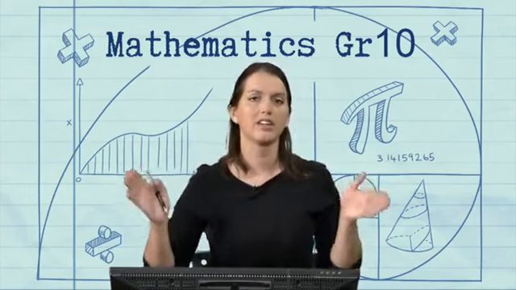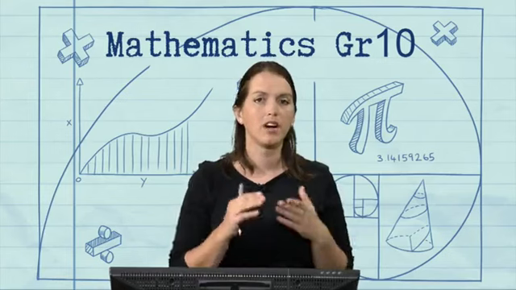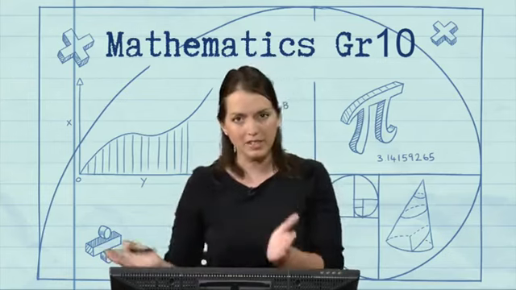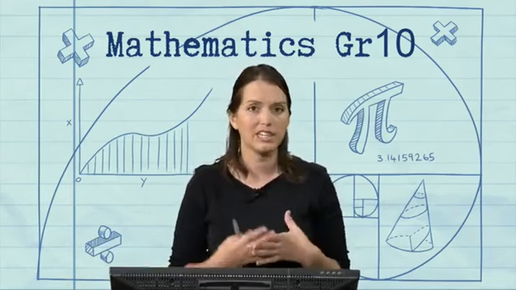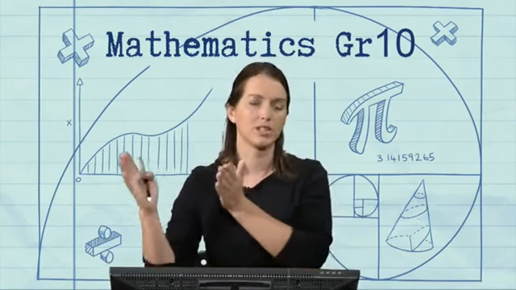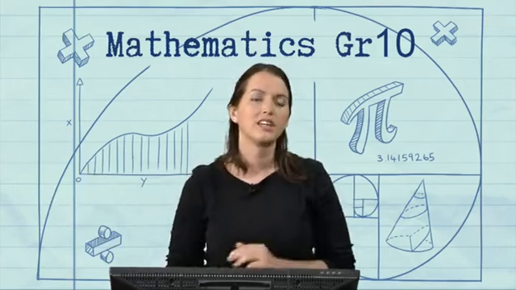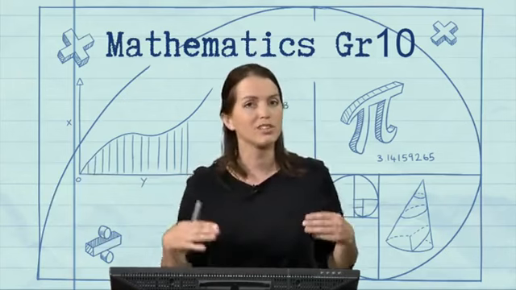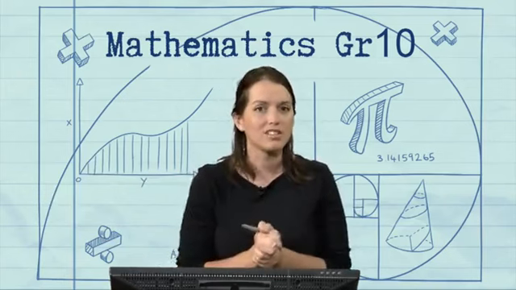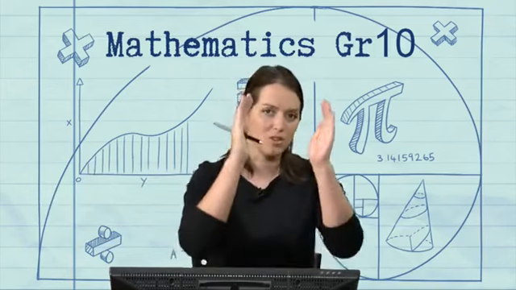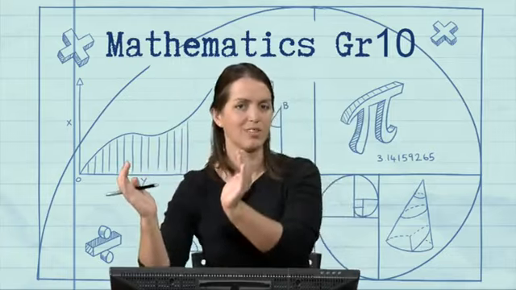Make everything equal 0. After that, we're then going to factorize all of those terms until we eventually get to a point where everything is being multiplied by something else. And the reason we do that is because anything that's multiplied by 0 will give you an answer of 0. So that means we can solve for the brackets individually.